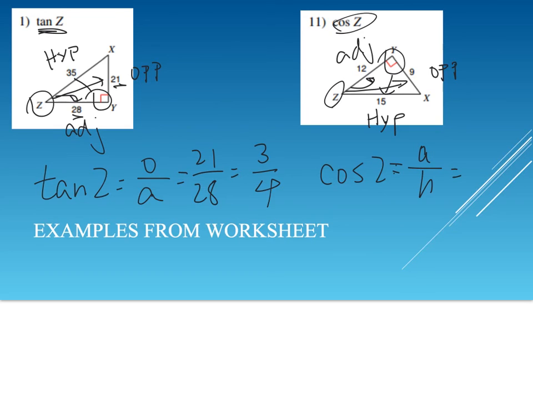So my adjacent is 12 over my hypotenuse is 15. And when I plug 12 over 15 into my calculator, 12 divided by 15, I get 0.8. So my decimal value of that trig ratio to the nearest 10,000th, we have to add some zeros, then we end up with 0.8000. And that is how the whole second page of that paper works.